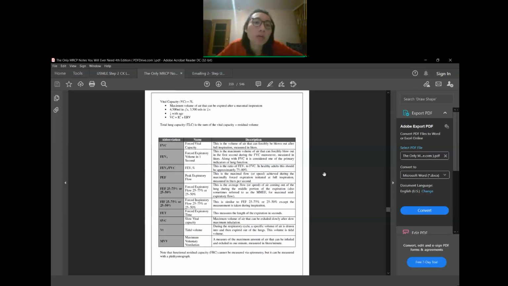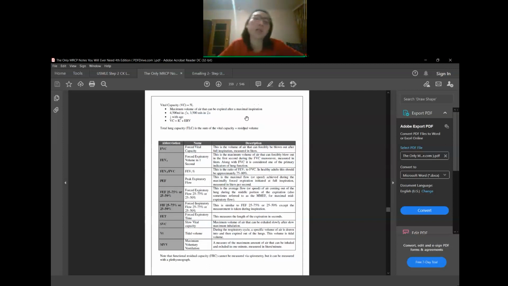Although you see here, it says that in male normal is 4.5 liters, and in female 3.5. But this really varies according to regions. I guess this one is mostly for UK people, but different countries have different parameters.